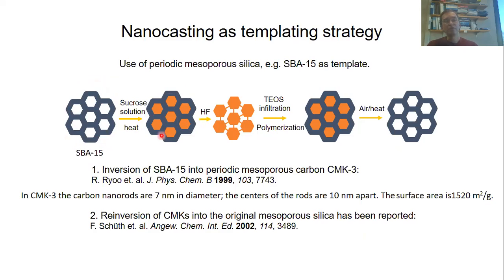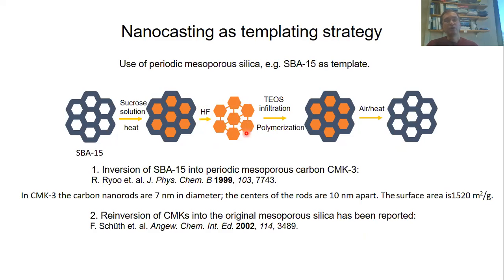Because of this, when you now etch away your silica pore walls with, for instance, hydrofluoric acid, you do not get individual carbon nanorods, but you actually get a periodic mesoporous carbon framework in which these nanorods are interconnected via carbon fragments that have infiltrated the micropores. And your periodic mesostructure is actually retained.